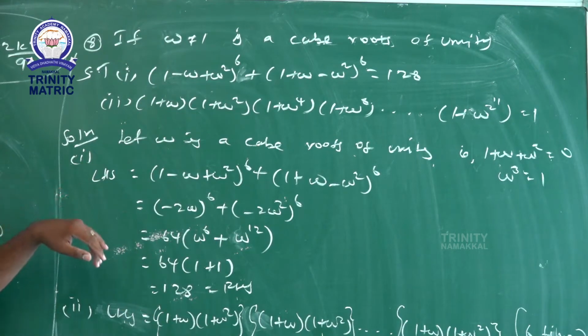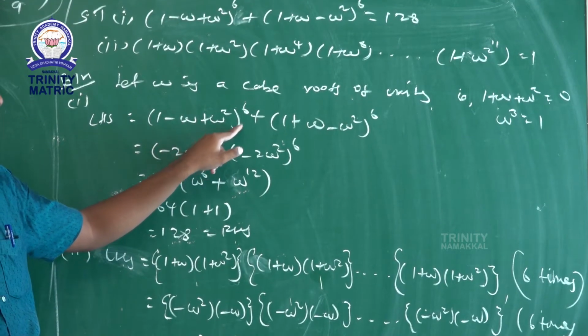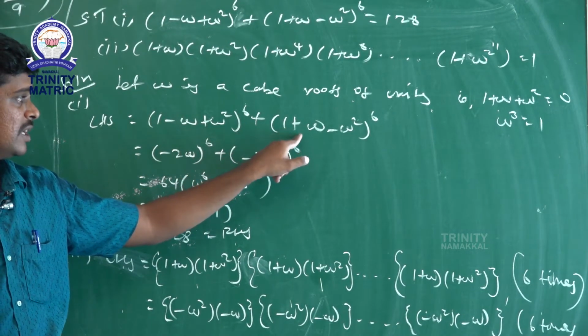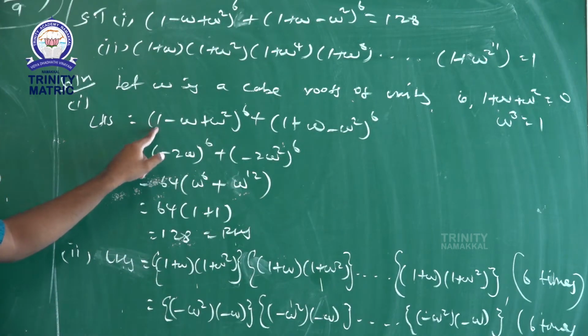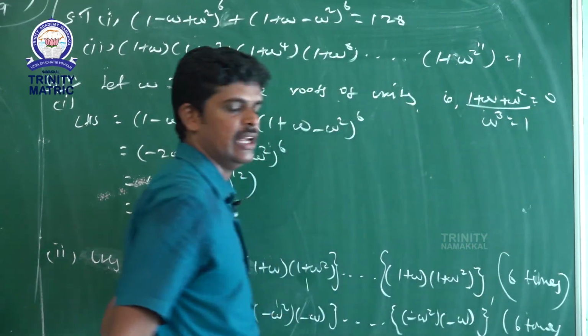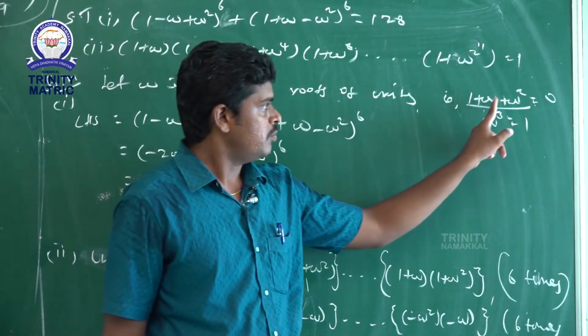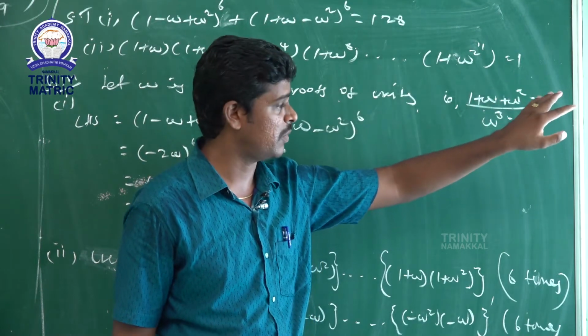See, first question, take LHS: 1 minus omega plus omega squared whole power 6 plus 1 plus omega minus omega squared whole power 6. See here, 1 plus omega squared: omega goes to the right side, so plus omega goes to the right side means minus omega.